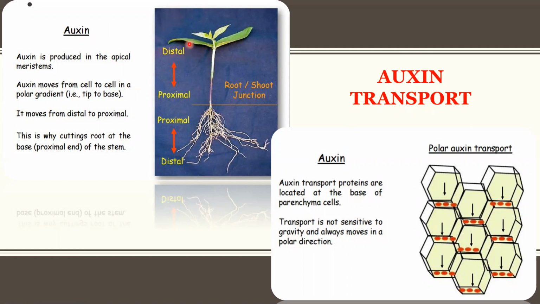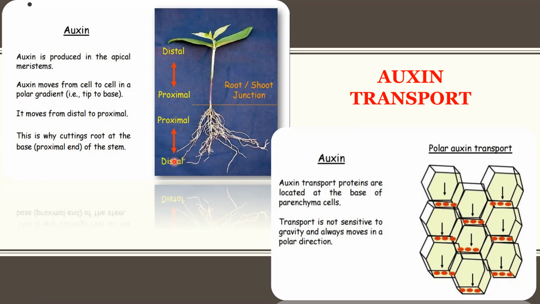The tip portion is called the distal end and the basal end is called the proximal portion. It moves from the distal to the proximal end. This is why cutting at the base, which means cutting at the proximal end of the stem, promotes rooting.